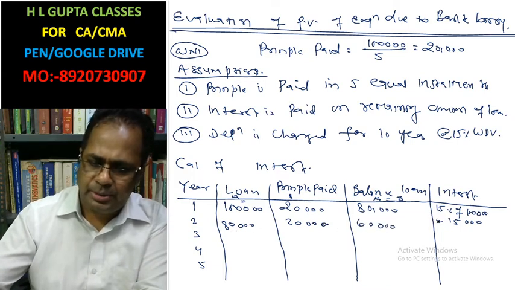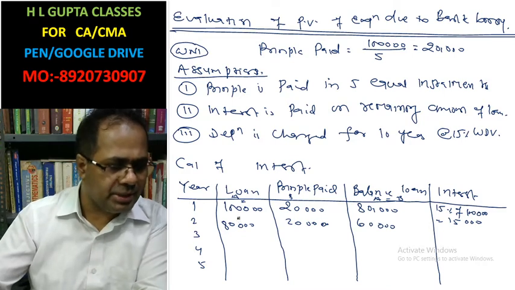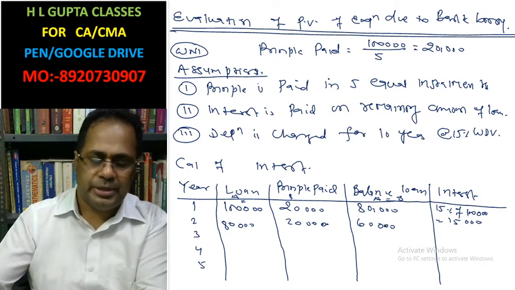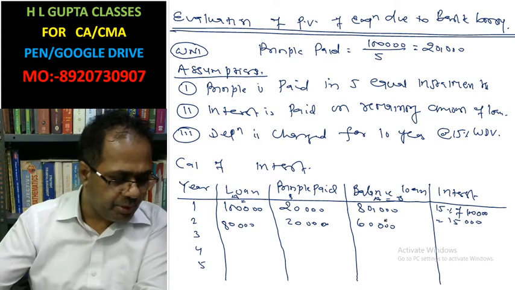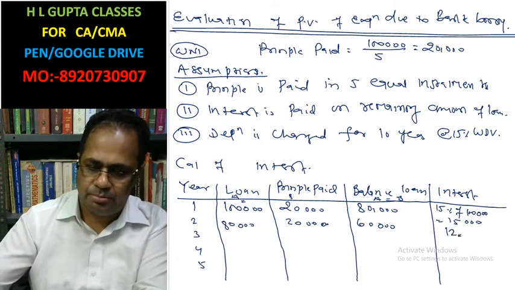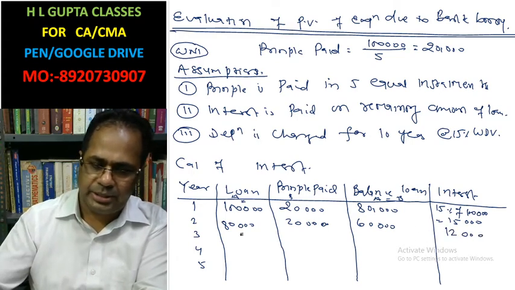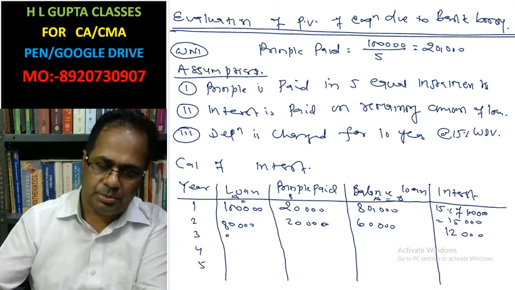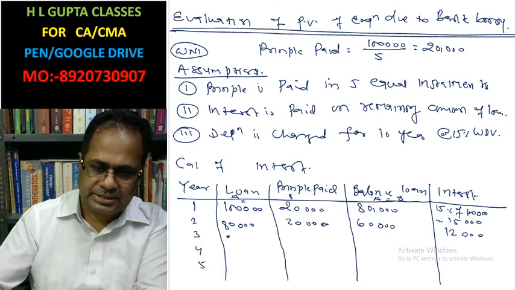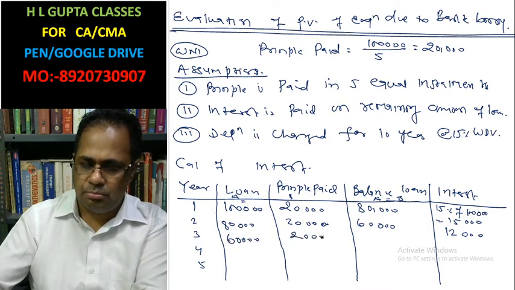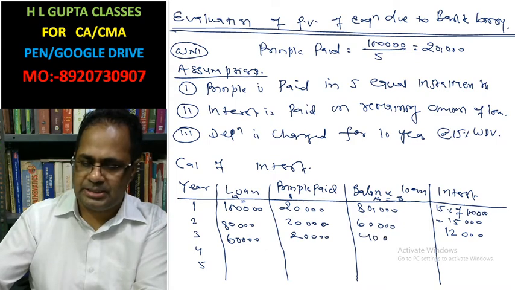Now, what is the interest rate? 15% of these. Then interest will be 15% of these. This is 12,000. 80,000, 15% of 80,000. Now this is 60,000, 20,000. Loan will be this.